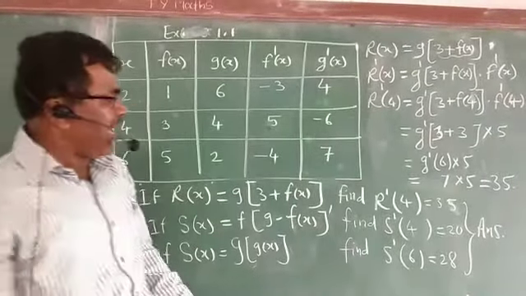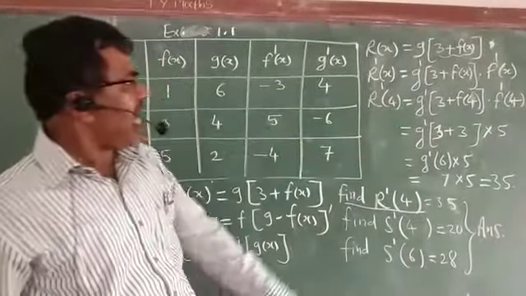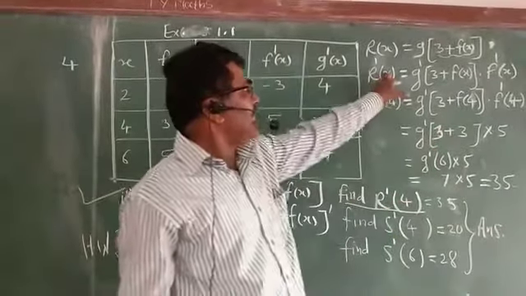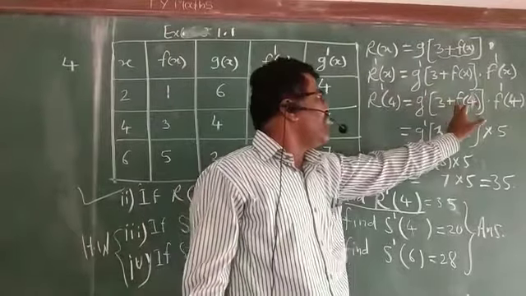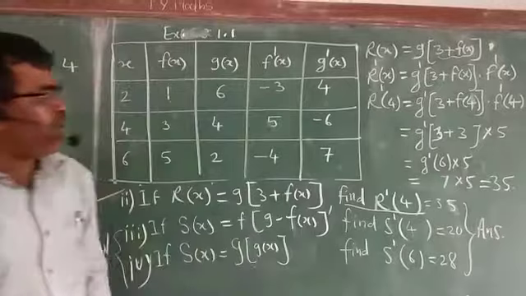Then we have to find r dash 4, where x is replaced by 4, g dash 3 plus f of 4 into f dash 4.